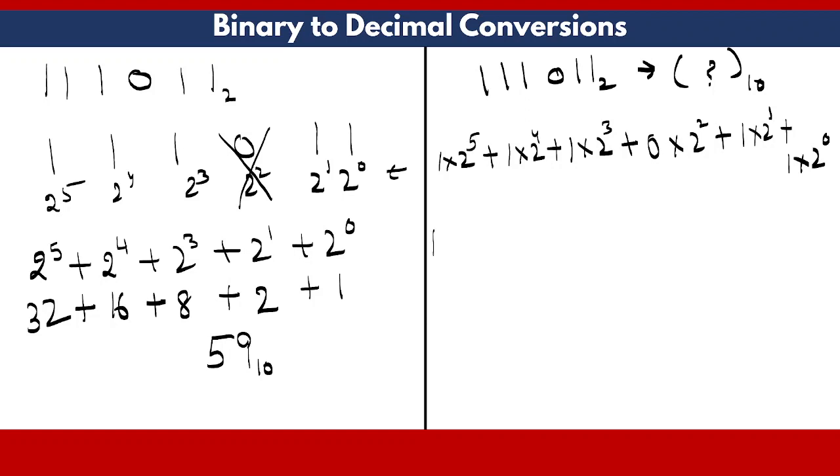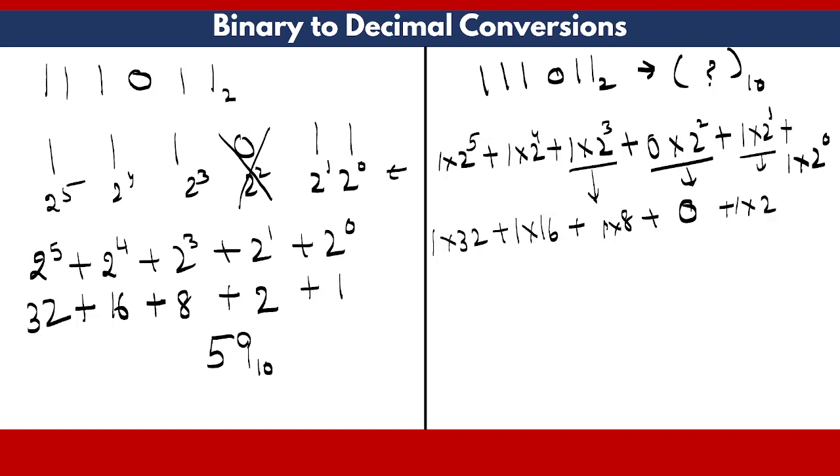So this becomes 1 into 32 plus 1 into 16 plus 1 into 8. This thing will become 0, and this becomes 1 into 2 plus 1 into 1. So you get 32 plus 16 plus 8 plus 2 plus 1. So you will get the answer 59 in decimal.